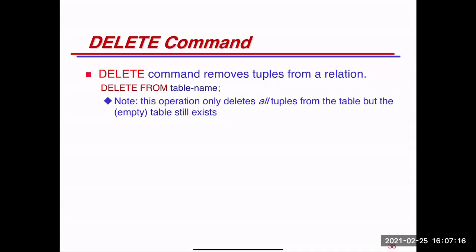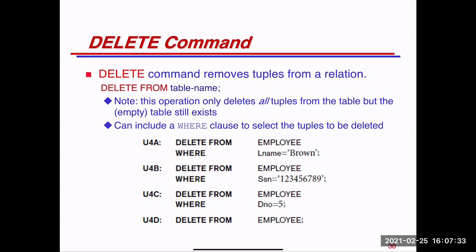It's just empty. Now, in many cases, you don't want to delete all the tuples from your table because that's a very drastic step. So you can add a where clause to select only the tuples that you want to delete. Down here, you can see several examples for this.